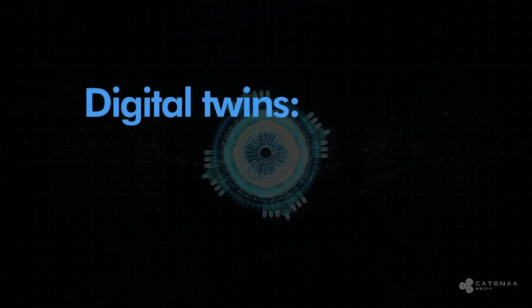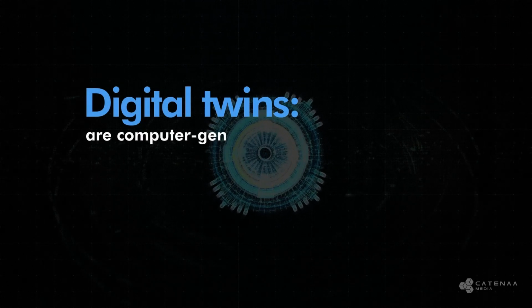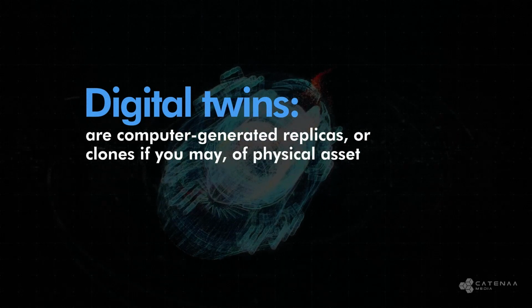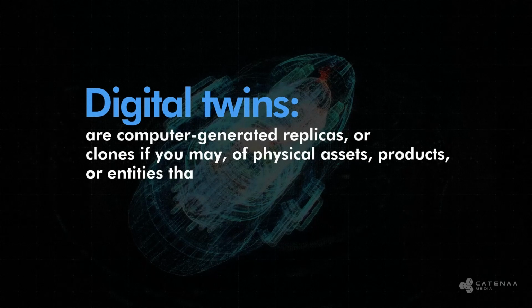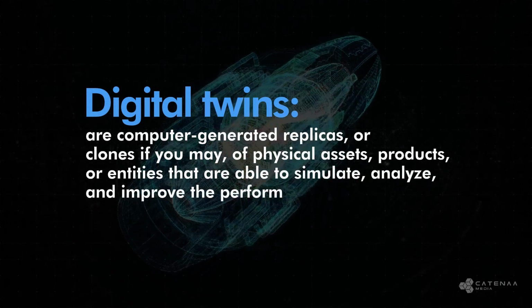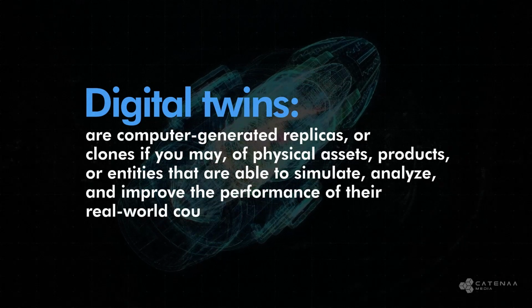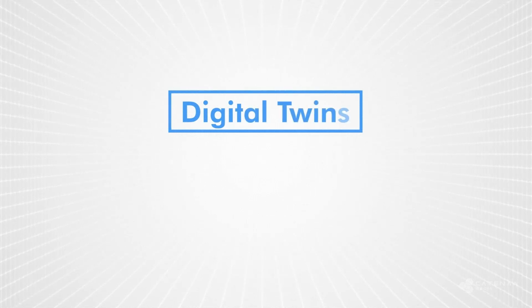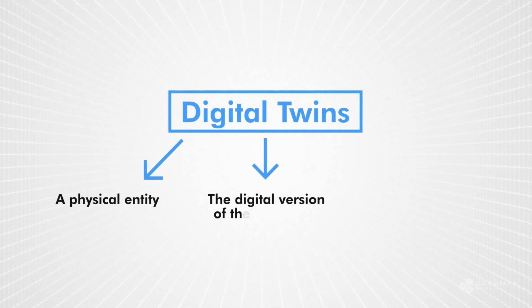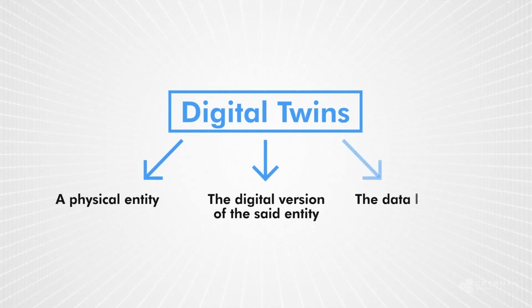Digital twins, therefore, are computer-generated replicas, or clones if you may, of physical assets, products, or entities that are able to simulate, analyze, and improve the performance of their real-world counterparts. This concept typically involves the following three elements: a physical entity, the digital version of the said entity, and the data link which connects both.